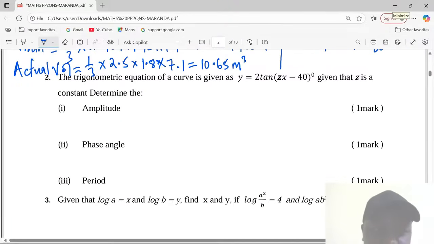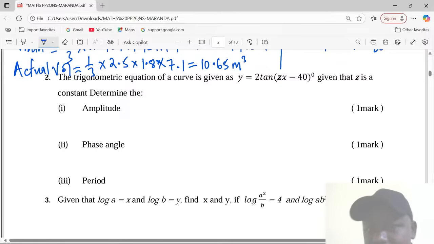Let's get to number 2. The trigonometric equation of a curve is given as y equals 2 tan(zx minus 40 degrees). Given that z is a constant, determine the amplitude, the phase angle, and the period. This is a trigonometric function which is tangent in nature.